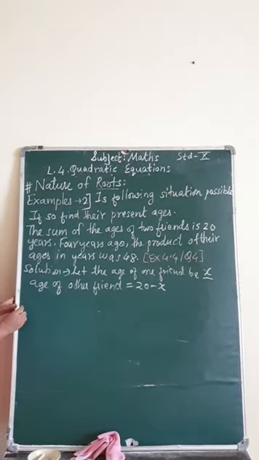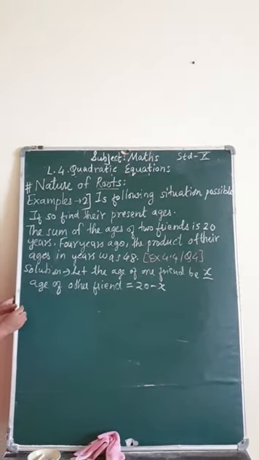Now using this information, the product of their ages 4 years ago is 48. So according to the question, the equation is x minus 4 into 16 minus x is equal to 48.